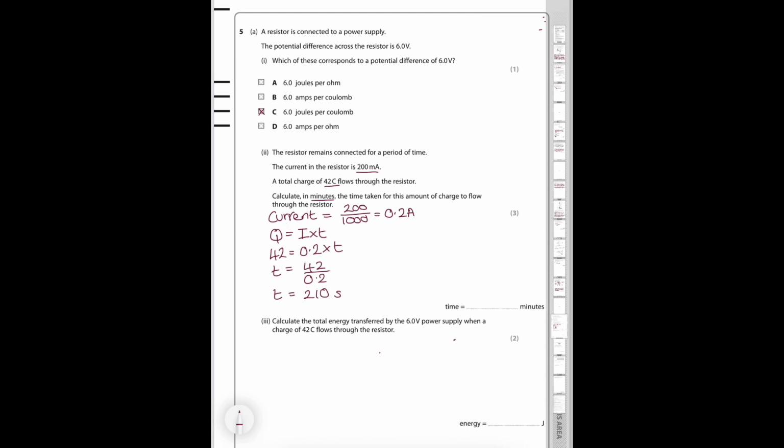However, we need to give our answer in minutes. So if we do 210 seconds divided by 60, that would give us 3.5 minutes. So our answer here would be 3.5.